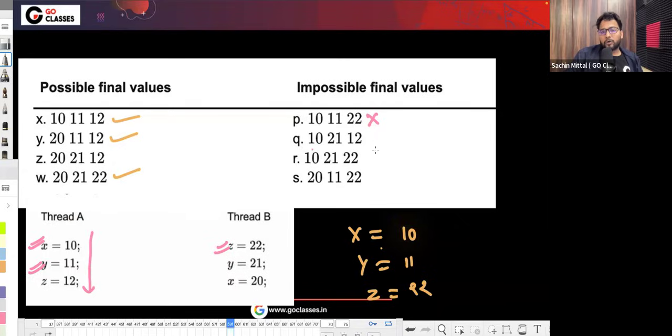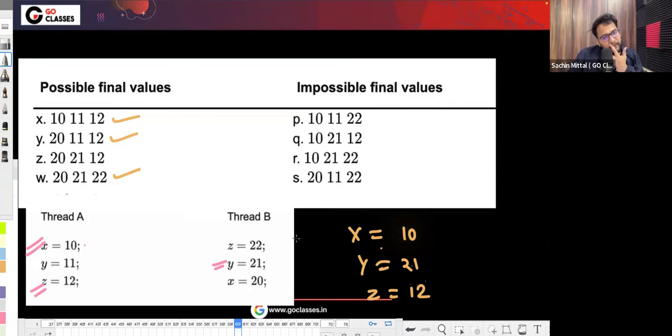What about 10, 21, and 12? So let's just check. See here, you want to keep this 10, you want to keep this 21, you want to keep this 12, right?